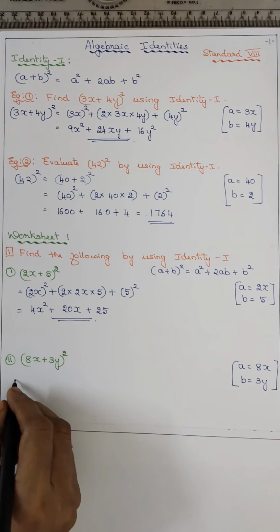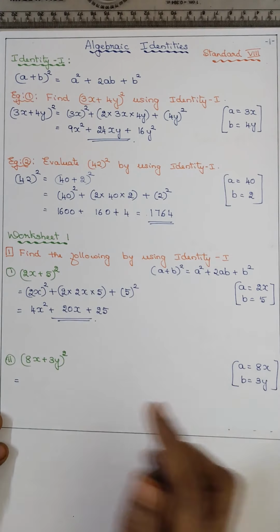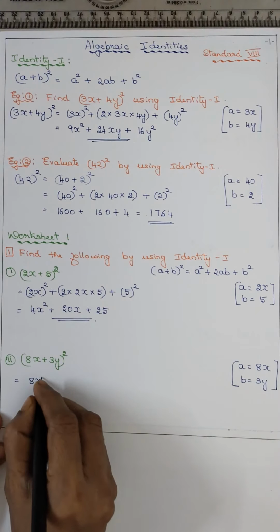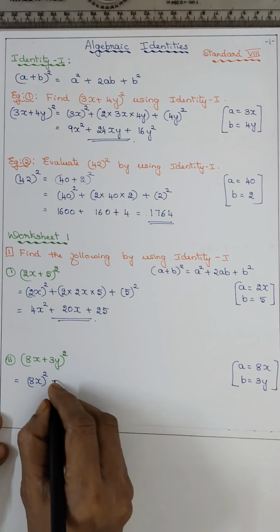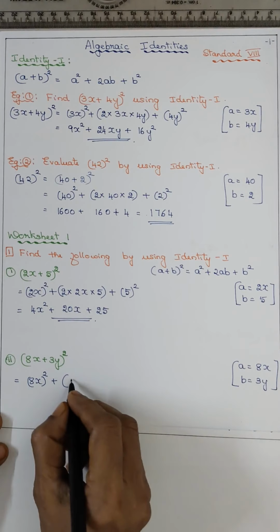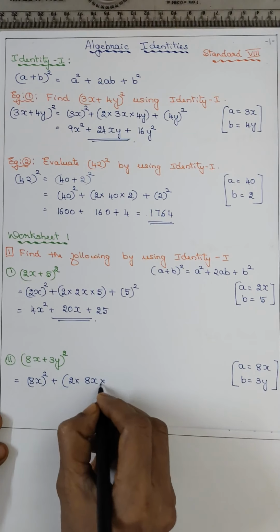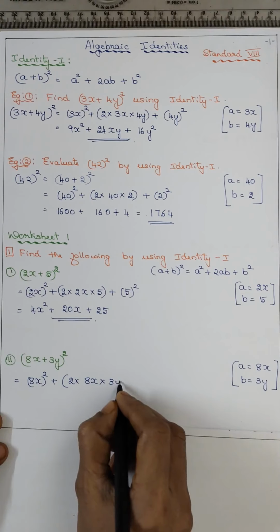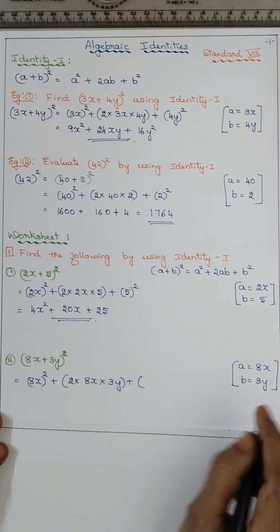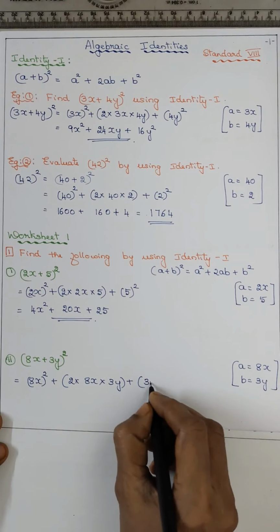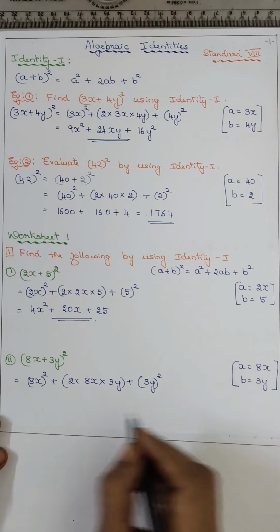Now a squared, it is (8x) the whole square plus 2ab, 2 into a is 8x, b is 3y, plus b squared, (3y) the whole square.